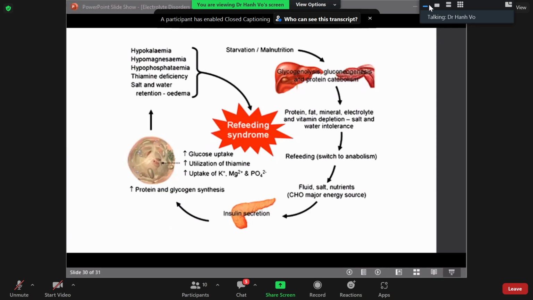The cellular sodium-potassium ATPase is activated, leading to transcellular movement of potassium and eventually other electrolytes including magnesium, phosphorus, and calcium into the cell, leading to hypokalemia, hypomagnesemia, and hypophosphatemia. Metabolic acidosis also develops.